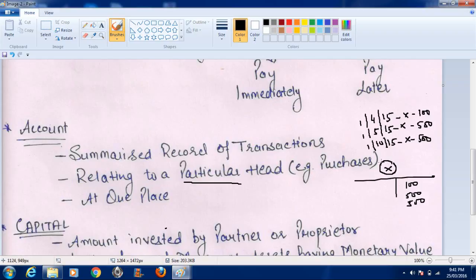Head is X. So it is a summarized record of transactions relating to a particular head at one place. This makes it very easy to interpret the account, to balance the account, to know the actual position of a particular account. So we make an account.